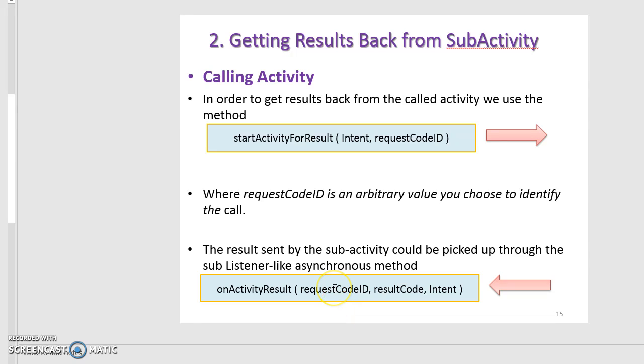The request code is the same as the request code that we passed, the result code tells whether we got the data correctly or the data has not been returned, and intent is the messenger which has brought the data back from the child activity.